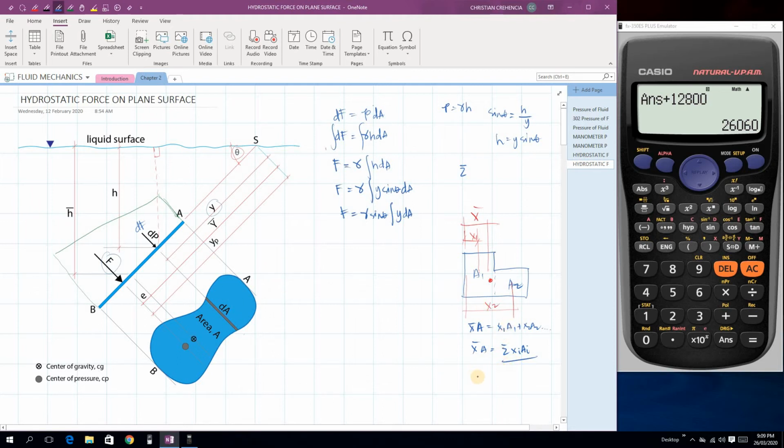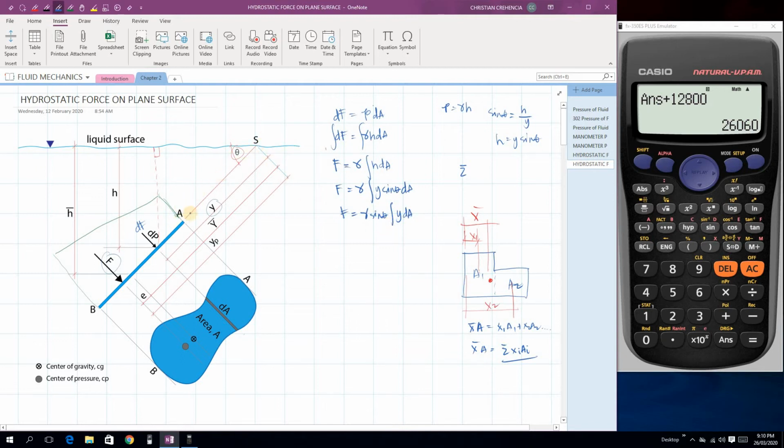Then we can say na yung ating x bar, or in this case na lang, dito sa ano natin, with respect dito sa surface. So, yung y dA, yung distance y natin is from surface din.